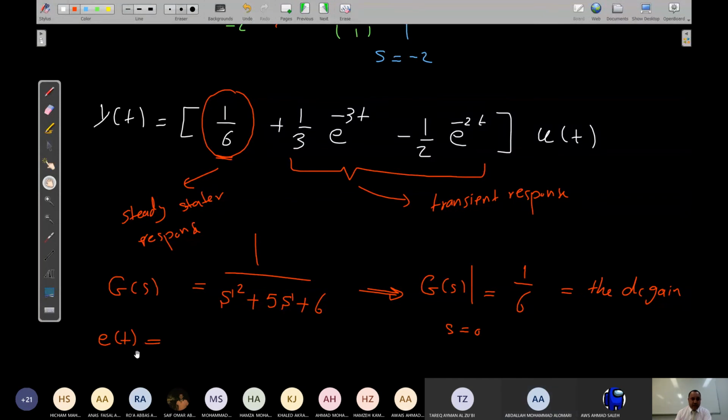So I need a function of time. That was the steady state value. Do you remember E of t? No, okay. E of s is equal, according to the tracking error, to R of s minus Y of s. This is what we call the tracking error.